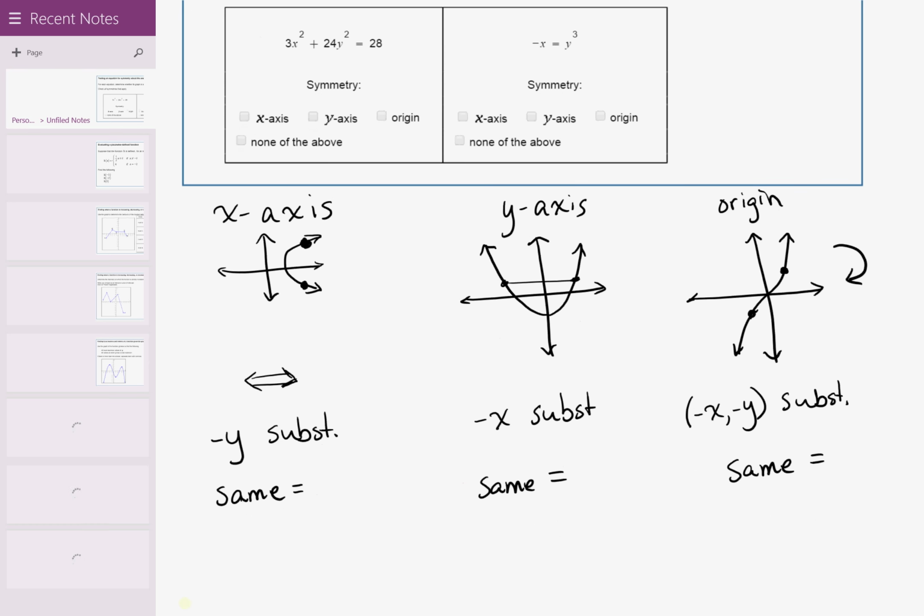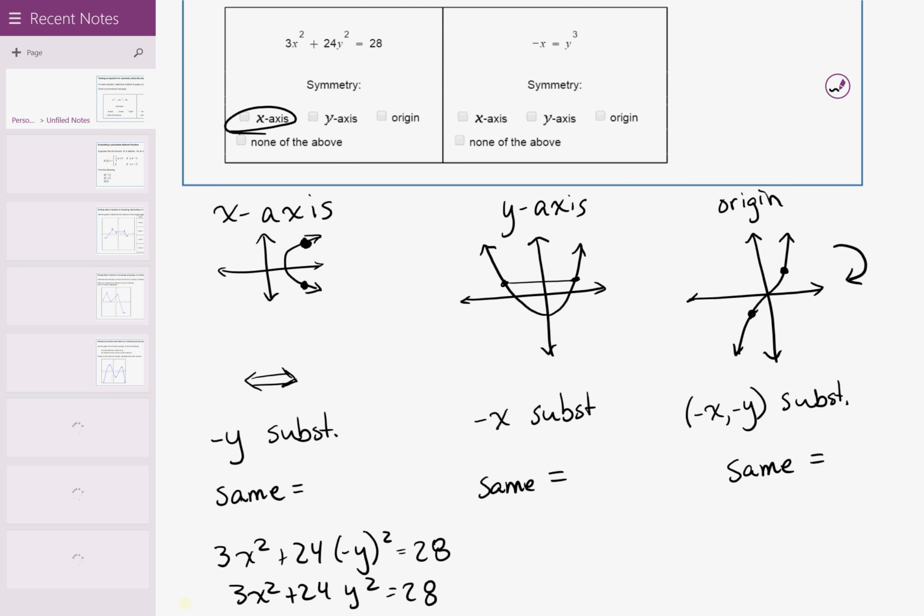So, for the first equation I'm given, I'm going to substitute negative y. So 3x squared plus 24 times negative y squared is equal to 28, and that's the same thing as 3x squared plus 24y squared is equal to 28. So I do have x-axis symmetry.